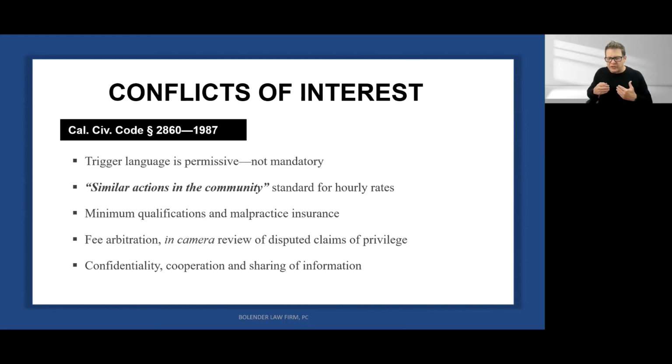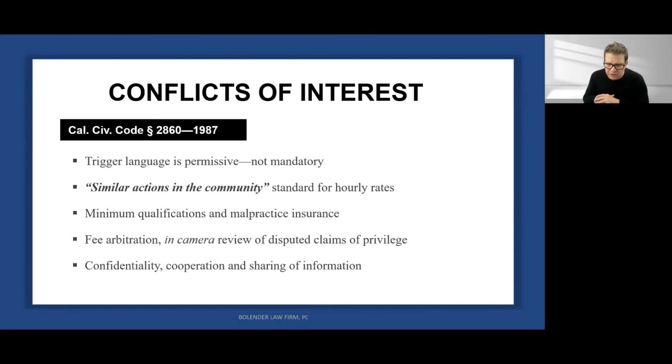Section 2860 clarified and limited the basic rule in Cumis concerning when a disqualifying conflict arises. It also gave insurance companies some very important rights.